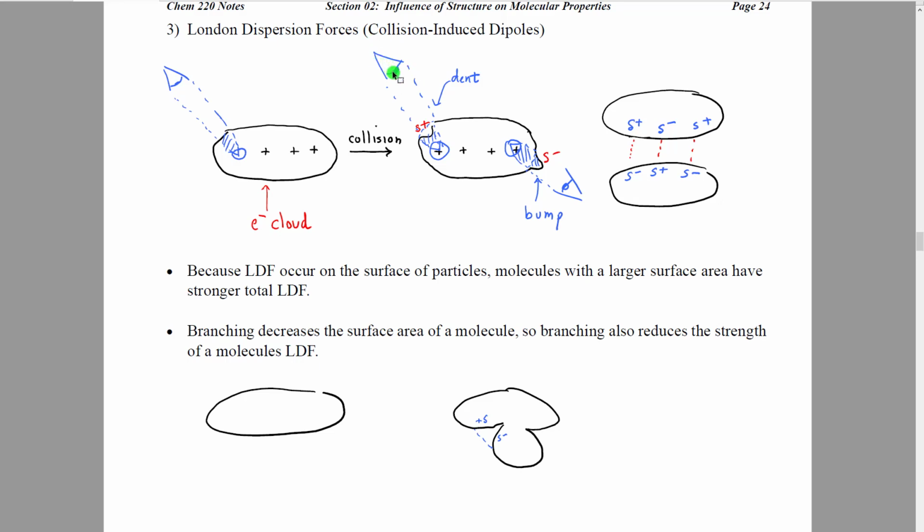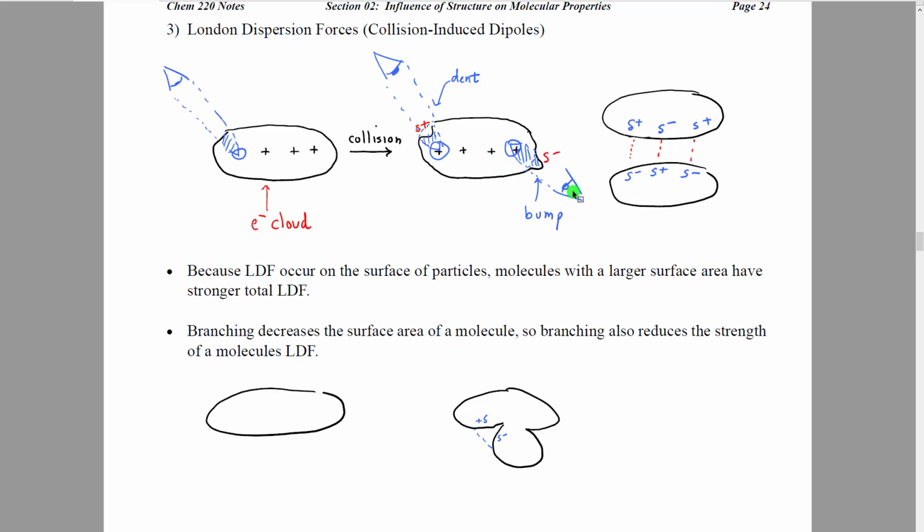Now, if we imagine looking at that same cone, we would see that now the cone of positive charge in the nucleus is the same size, but the cone of electrons is smaller. So now we have more positive charge than negative charge, and so inside this dent we get a tiny partial positive charge, way smaller than in a bond dipole.